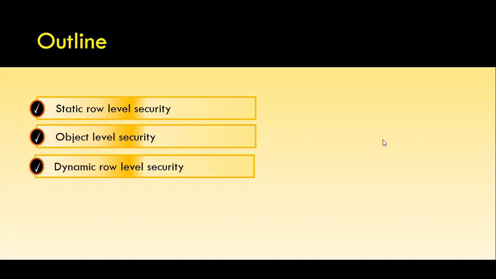Row level security can be used to restrict the user's access to only the specific or intended data. Here we use filters to restrict the data access at the row level. We can define the filters within the roles.